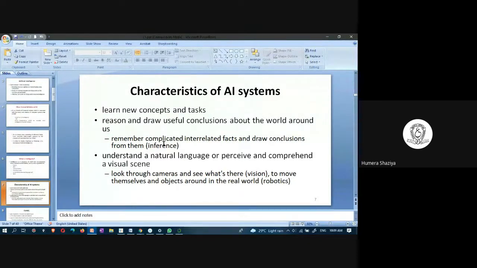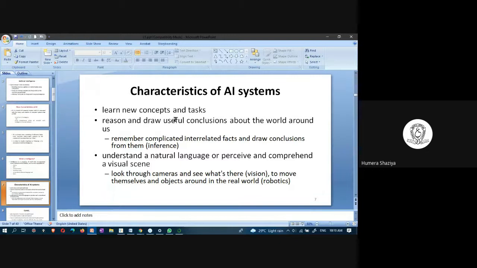From the previous slide, we know that an intelligent being is the one who can reason, who can plan, who can learn, who can understand and speak language, who can understand ideas and can come up with new ideas and can think abstractly, and can see and identify things. All these are intelligent properties.